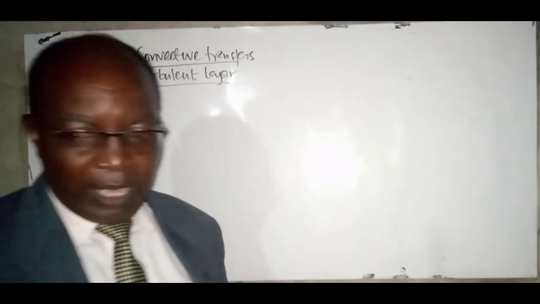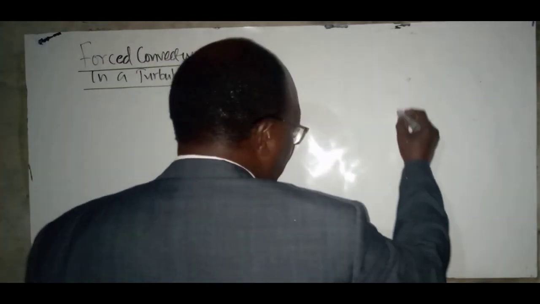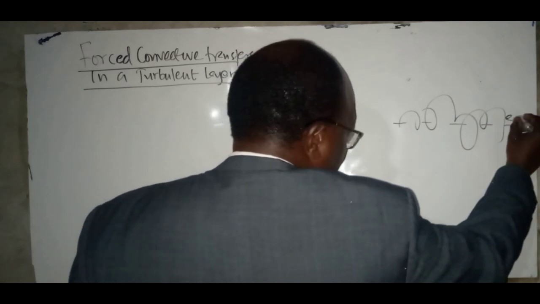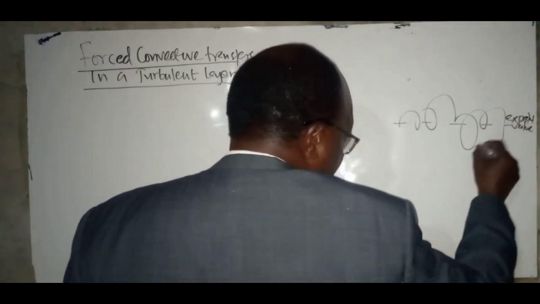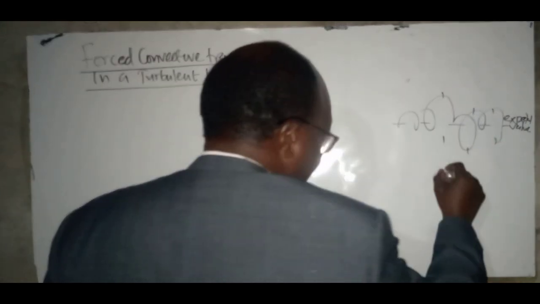But then we used the concept of Reynolds decomposition, where we have an expected value, and we have mean values of these properties, and these mean fluctuation values cancel out.